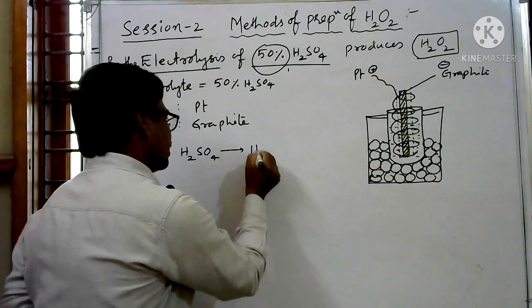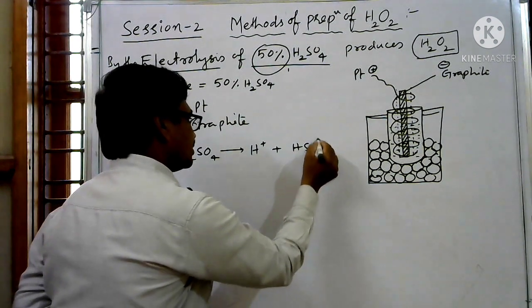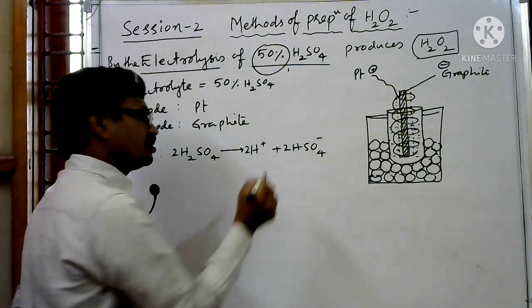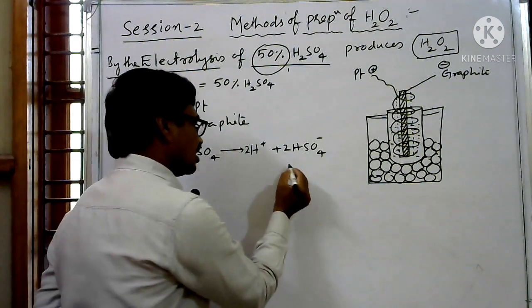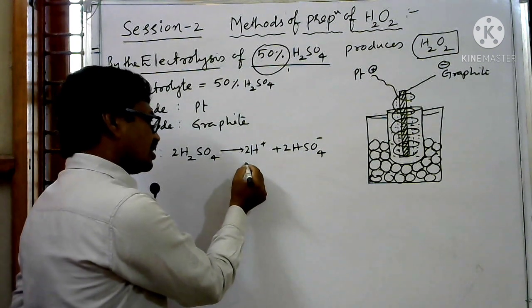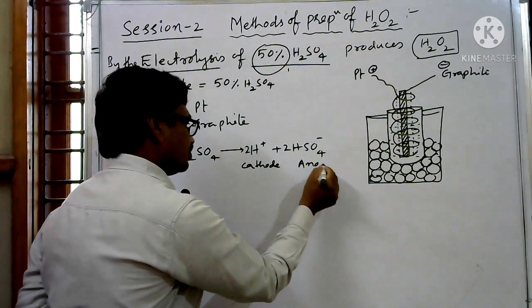Therefore, it dissociates into H+ ions and HSO4 minus ions. Take 2 moles: 2 H+ ions and 2 HSO4 minus ions. This is the bisulfate ion, and this is the H+ ion. The H+ will migrate towards the cathode and the HSO4 minus will migrate towards the anode.